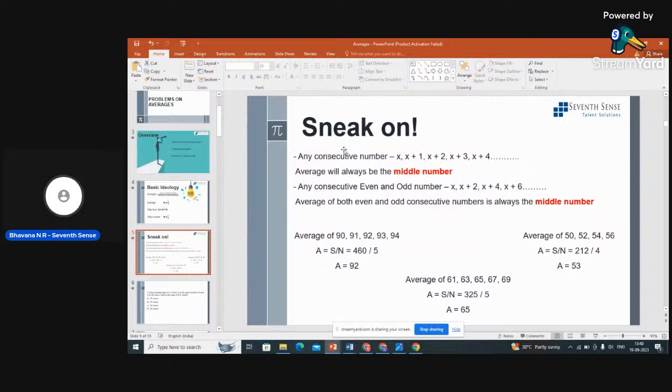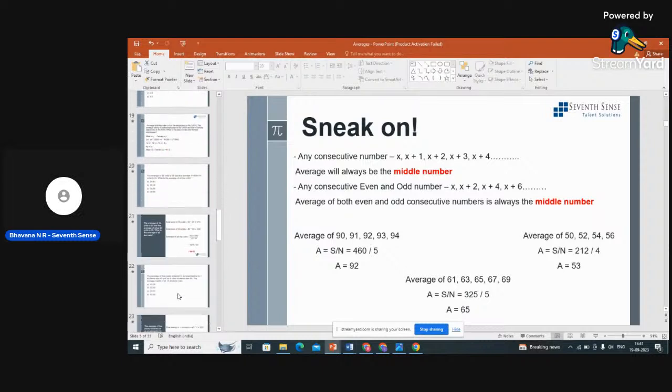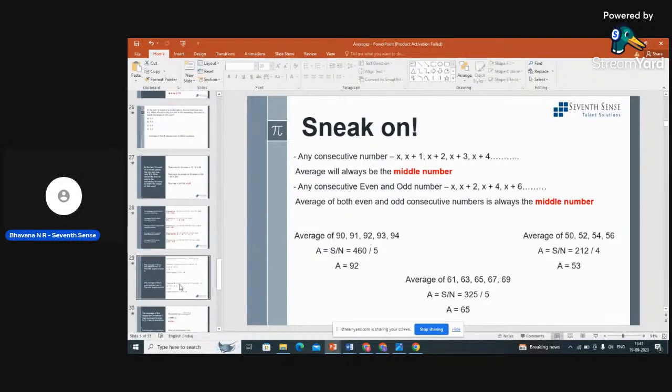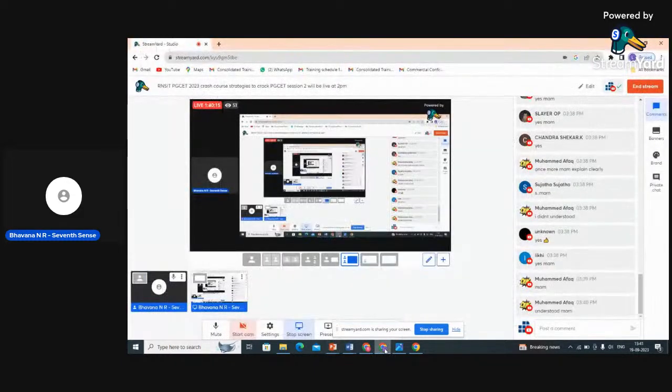That means it's continuous numbers, right? Next, for any consecutive even and odd numbers, we need to write like this. Same thing we did in this question.